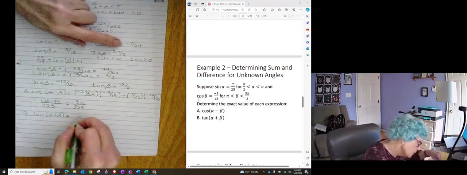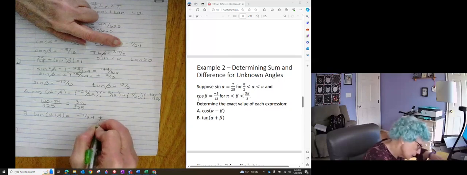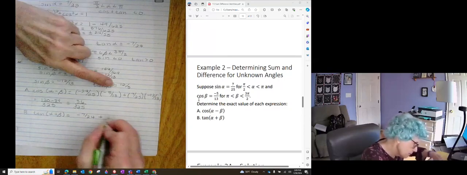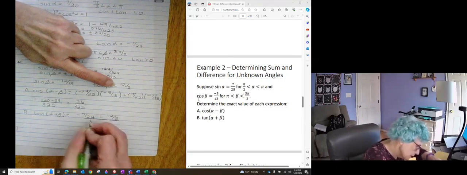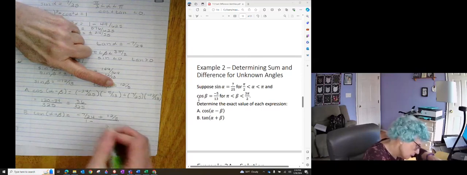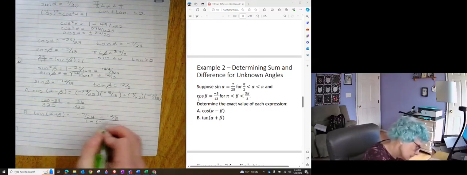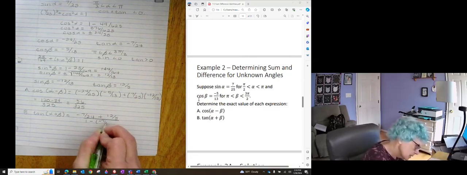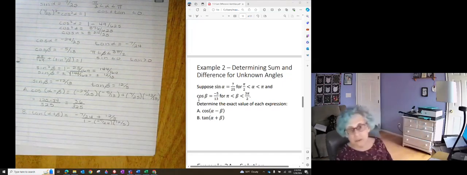Tan of alpha was negative 7 over 24, plus tan of beta, which is 12 over 5, divided by 1 minus negative 7 over 24 times 12 over 5.